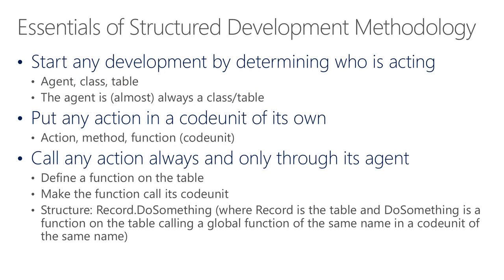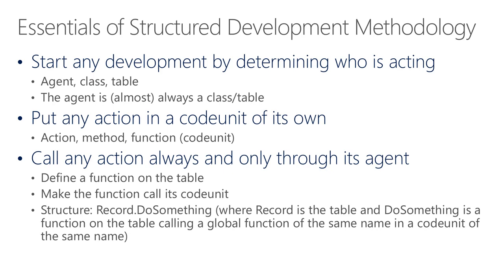So when you start to put a business requirement to life, always start by determining who is acting. This is almost always a class or a table. Then put any action into a code unit of its own. Finally, always call an action only through its agent.